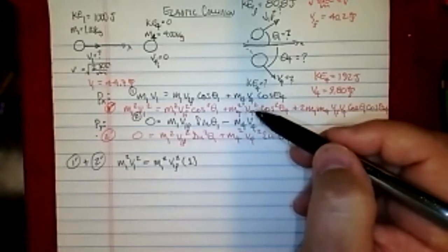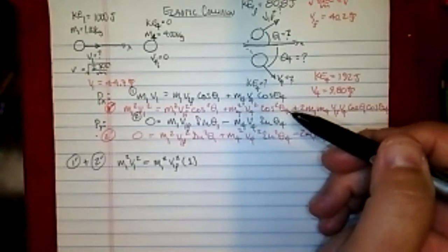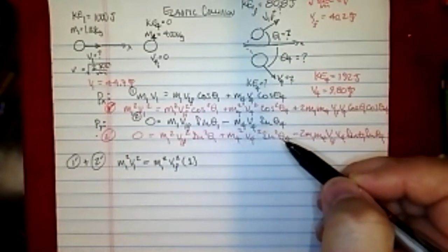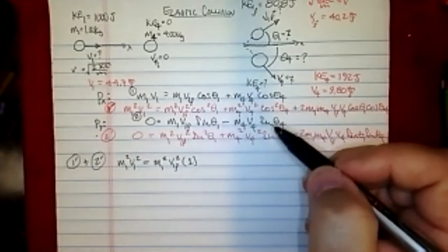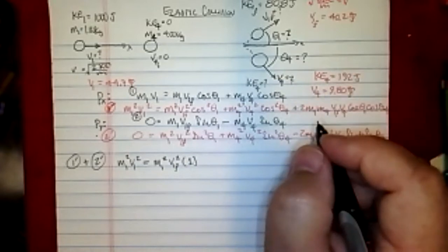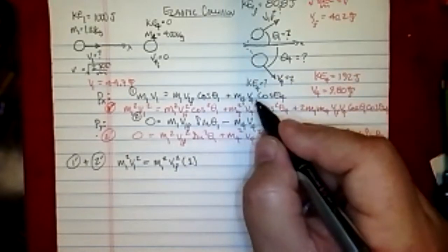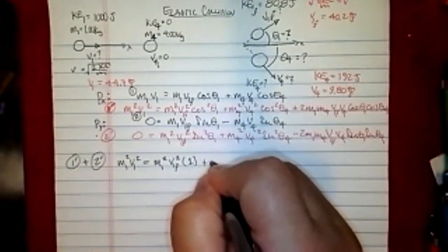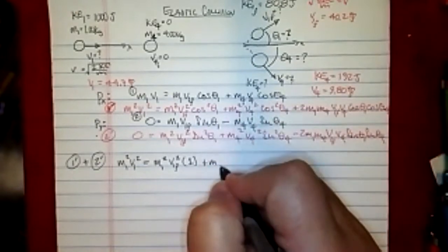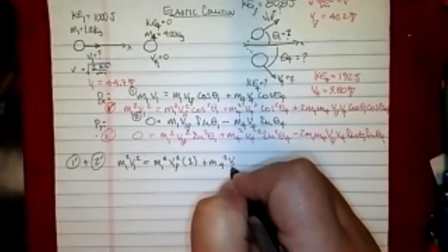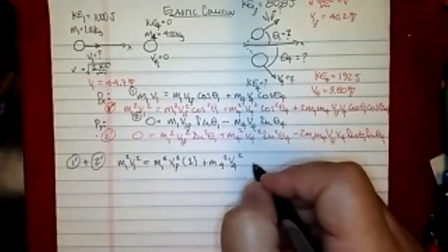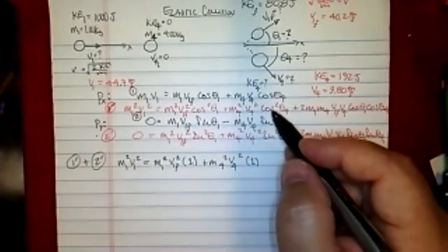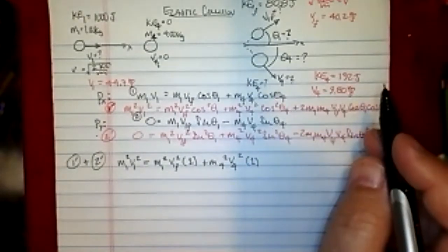The m4 squared v4 squared cosine squared theta 4 plus m4 squared v4 squared sine squared theta 4. That's a sine squared plus cosine squared. So I'm again going to get just a coefficient of 1 with m4 squared v4 squared. So I'll say plus m4 squared v4 squared times 1. And that's because cosine squared plus sine squared is equal to 1.